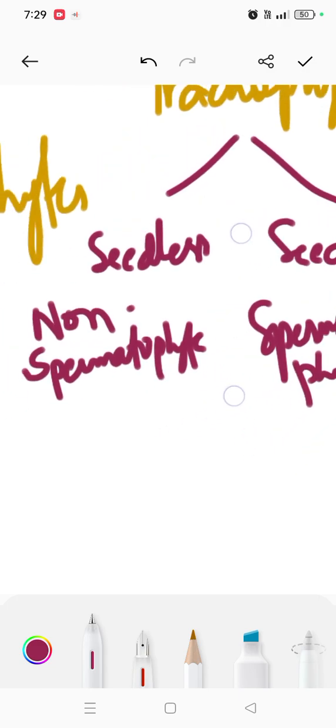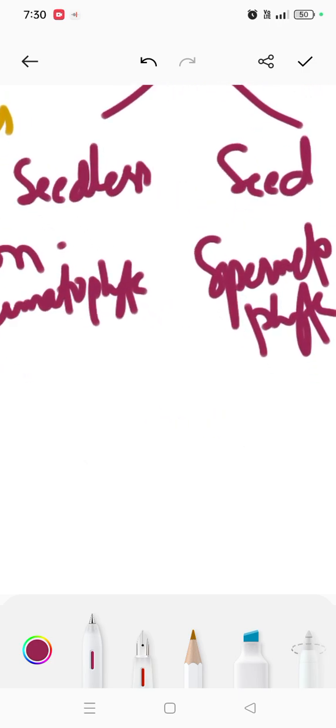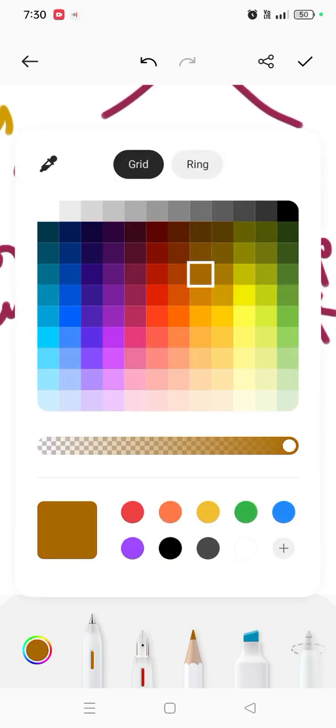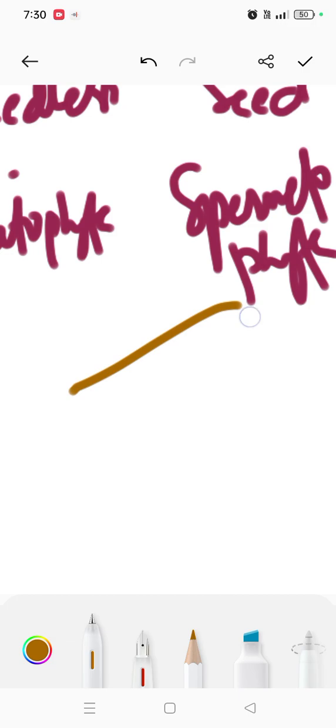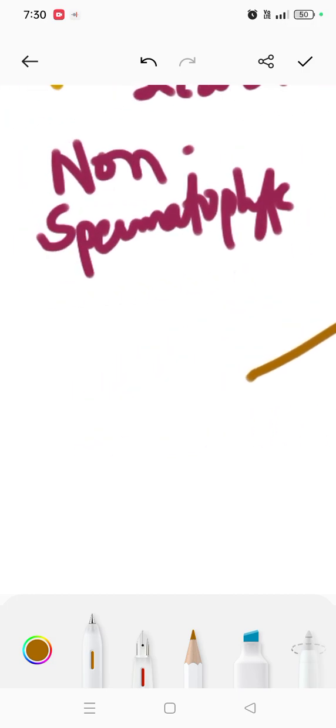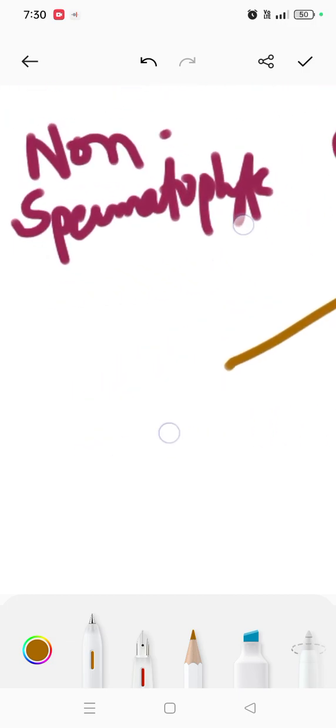Then in these seed-bearing spermatophytes, we have two other types. Of course, it's a flow chart overview, otherwise these are in detail, which we'll discuss for sure.